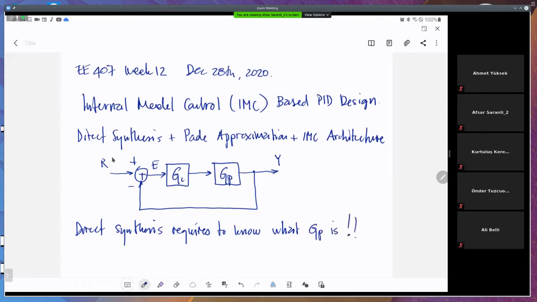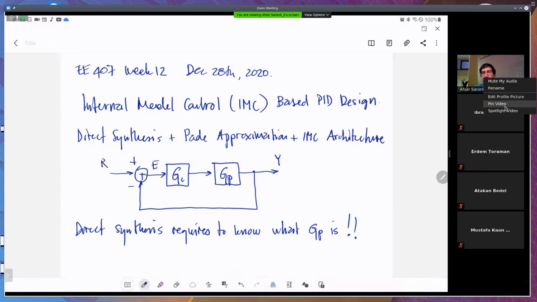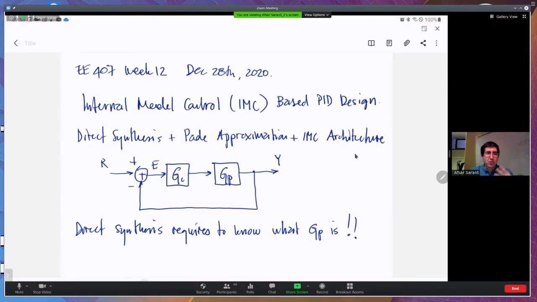What you assume as GP has a direct impact on the performance of the controller. If your plant is not the same as your estimation of the plant, in that case your performance will suffer.